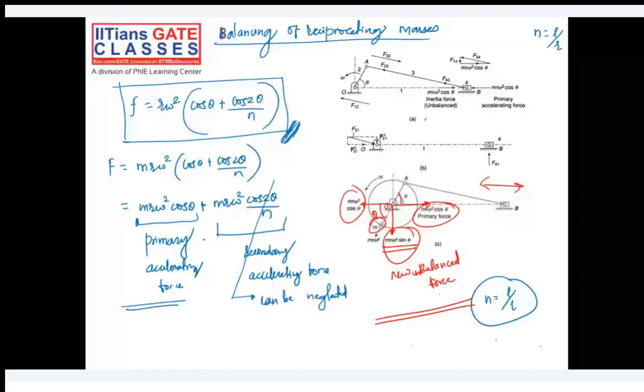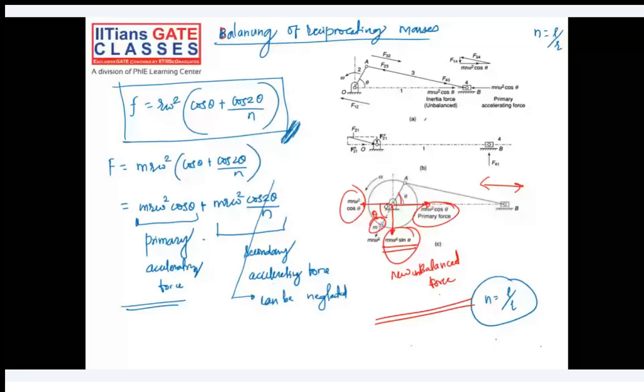We have studied that we can balance it by putting a counter mass, but if you want to fully balance it, it will create a larger new unbalanced force in the vertical direction. Previously our mechanism was feeling jerks in to and fro motion. Now it will feel jerks in up and down, in the vertical motion. So the mechanism will tend to move up and down, and that is also not good.